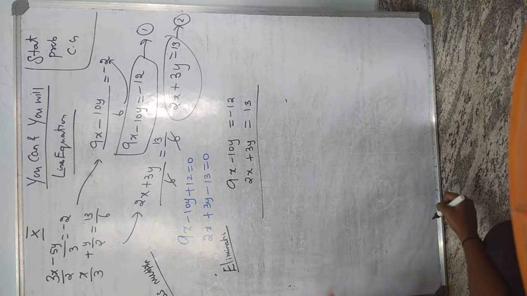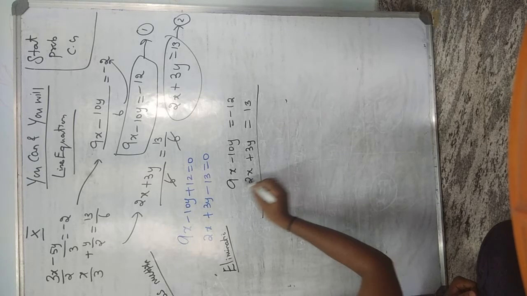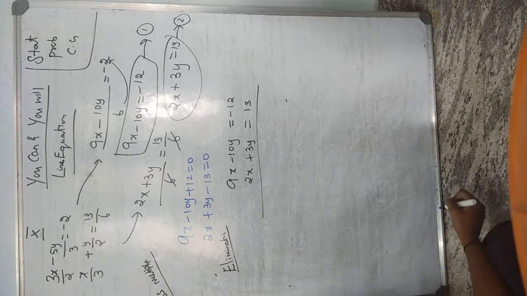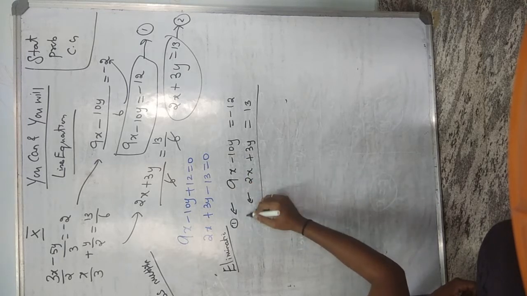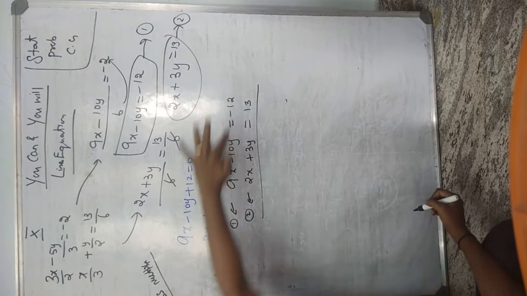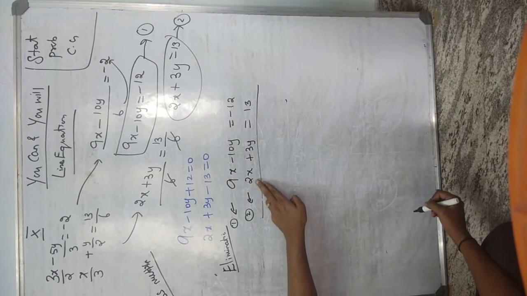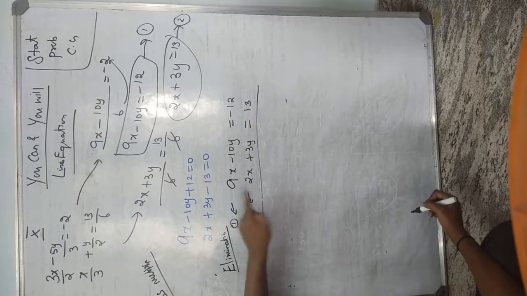So think of normal tables, this and this. Both the numbers should be same. You can choose the tables or you can use a shortcut. This is the first equation and this is your second equation. Now multiply the first equation by 2 and the second equation by 9.